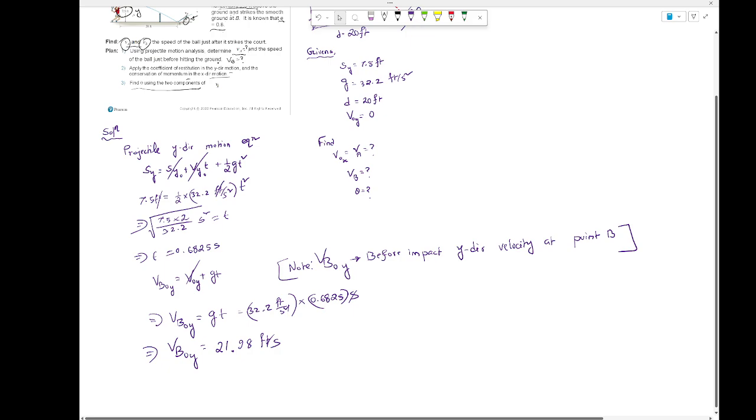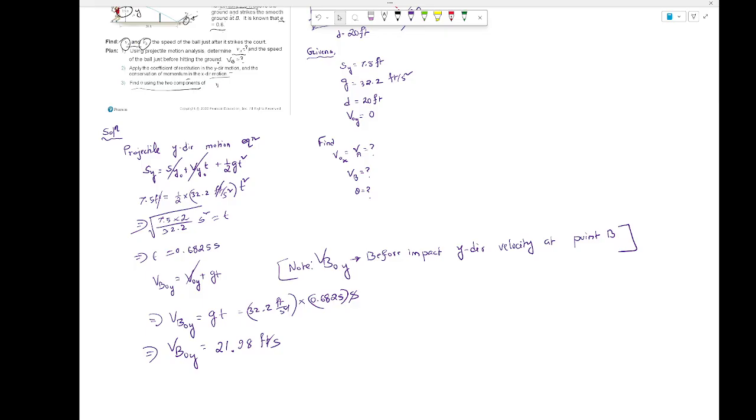Now, there are so many things happening here. Once you're done writing that, I'm going to emphasize this. While you're writing it, think about it. Basically, it has two points. First, point A is when the ball started to move, right, Aline? That is point A. At point A, do you have y direction velocity?